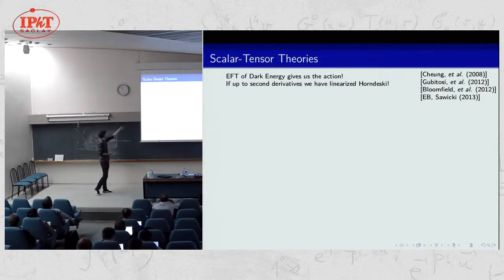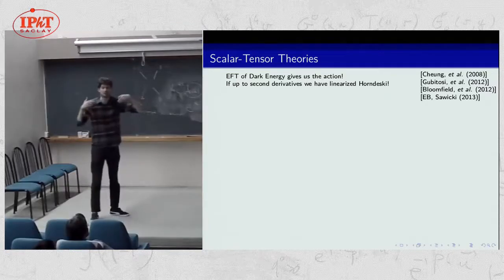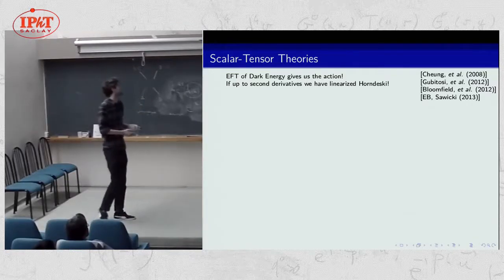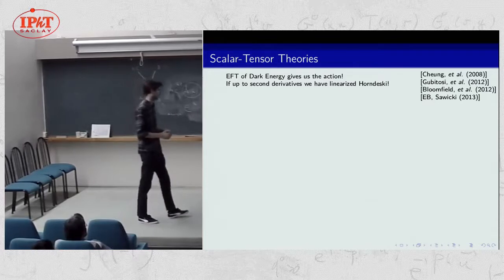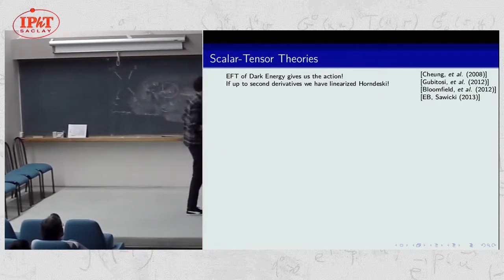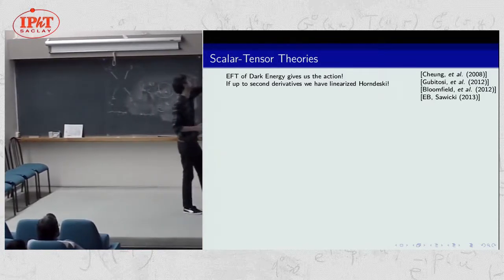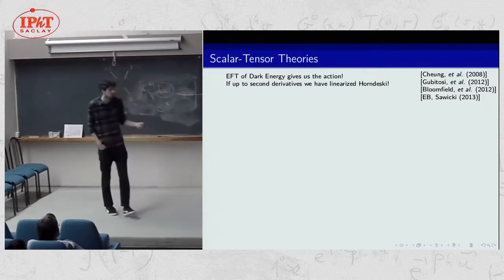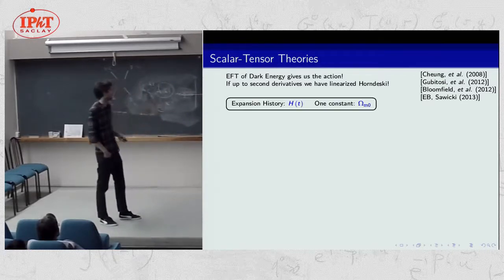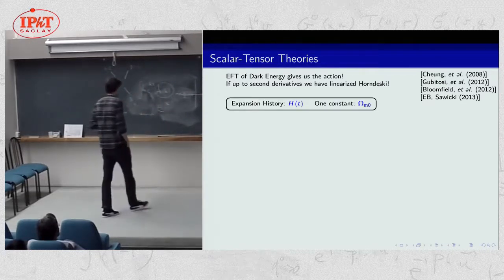If we restrict up to second order in derivatives, we have linearized Horndeski. The effective field theory in general has infinite operators, but if you want just two derivatives, you have fewer operators, and they are finite. They are 5 in total.